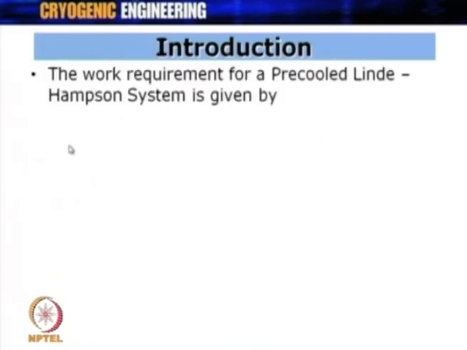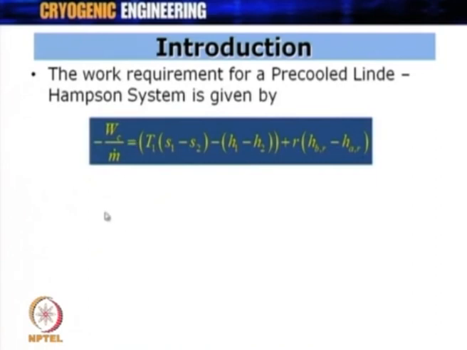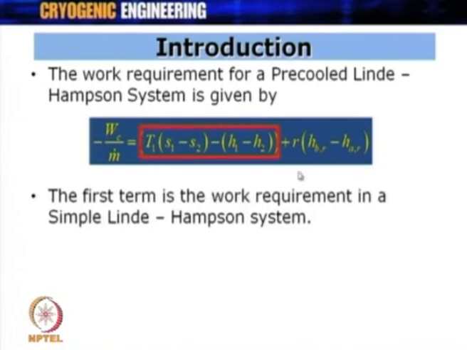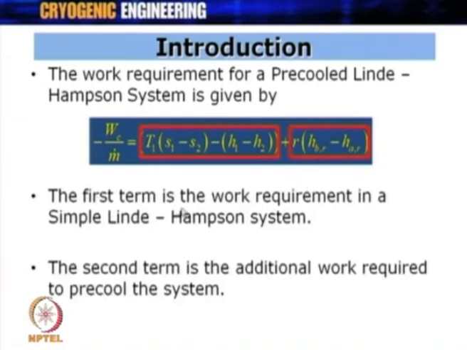To introduce what we are going to learn, the work requirement of a pre-cooled Linde-Hampson cycle is given by this formula: minus Wc upon m dot is equal to the first bracket plus a second bracket. The first term, or the first bracket, is the work requirement in a simple Linde-Hampson system.